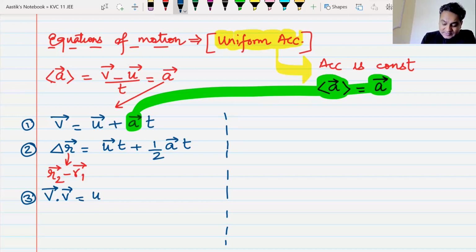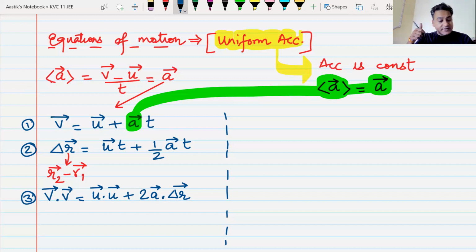Then you must understand v dot v is u dot u plus 2 times a dot displacement. This is how the third equation looks when you write it in the vector form. Do we understand this, my dear friends?